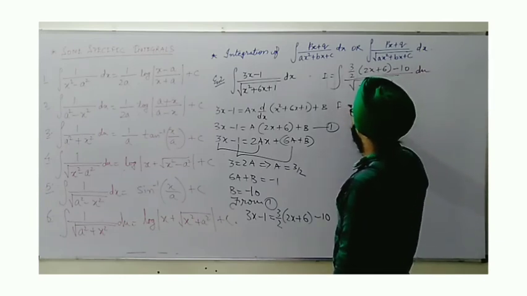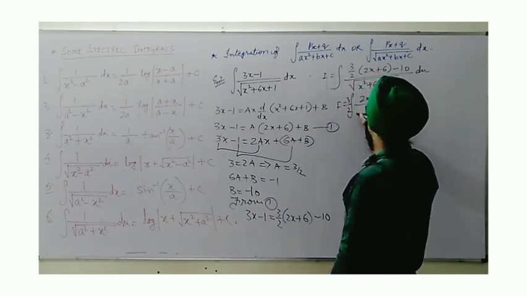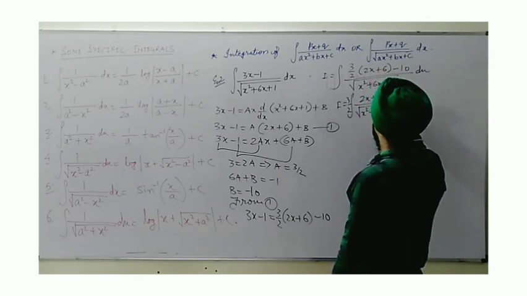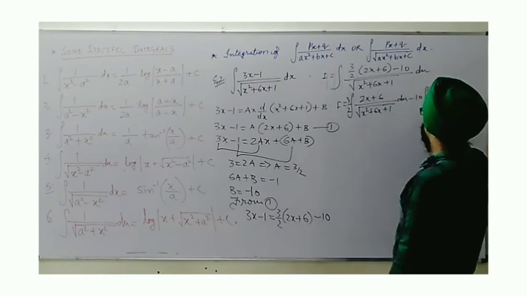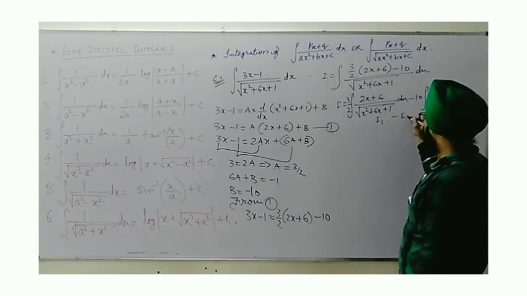Now, this is I. Two parts we will write: 3 by 2, 2x plus 6 upon root x square plus 6x plus 1 dx, minus 10 times 1 upon root x square plus 6x plus 1 dx. Now this will be taken as I1, this is I2.